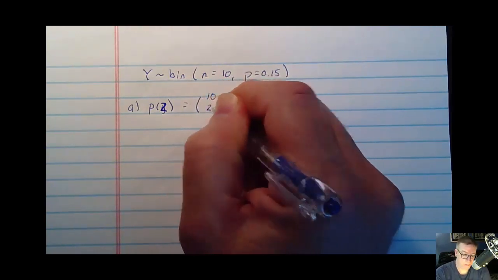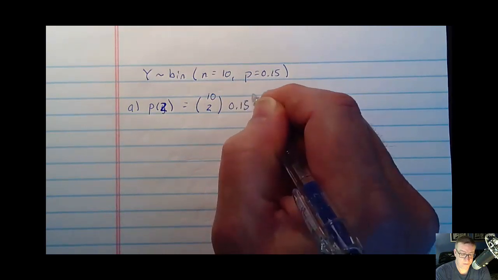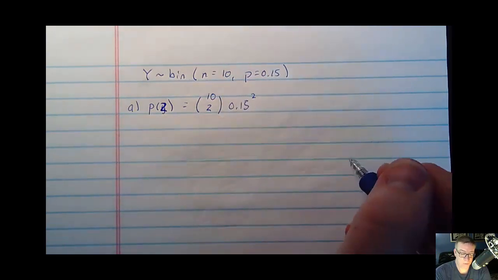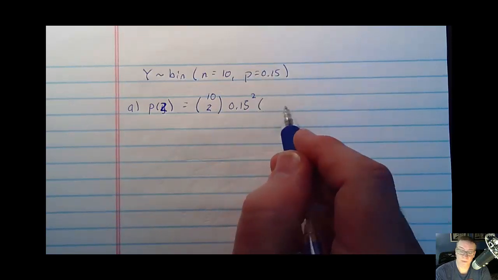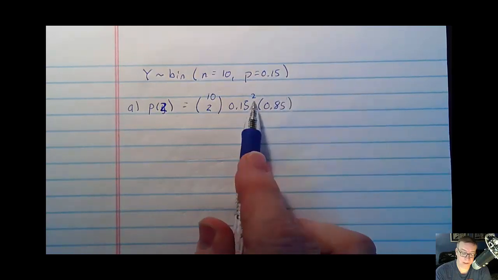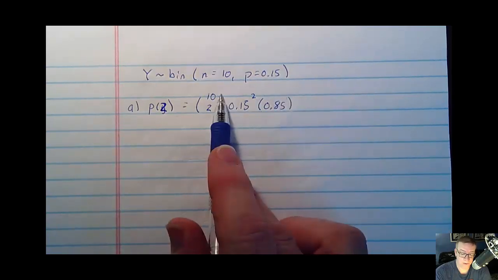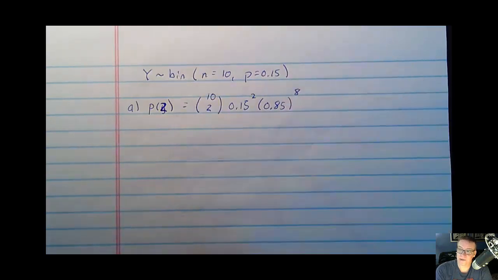We know that this is going to be 10 choose 2 times 0.15 raised to my y value, which is 2, times 1 minus p, so that would be 0.85, raised to the power of the rest of them, out of 10, so this is going to be 8.